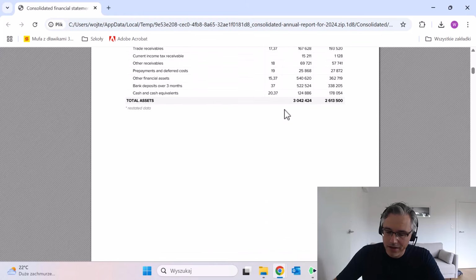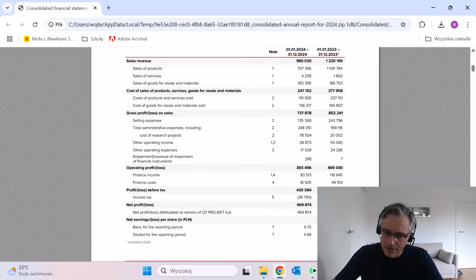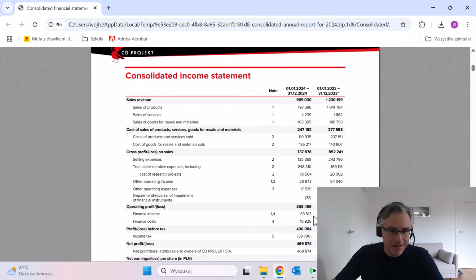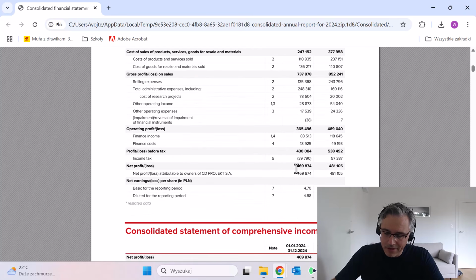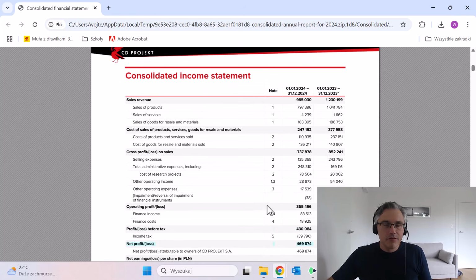Well, it's a few pages before, and look, this is the income statement. And over here, in the line net profit, those same two figures are repeated, 469,874 and 481,105, as the profits for the year, respectively, 2024 and 2023.